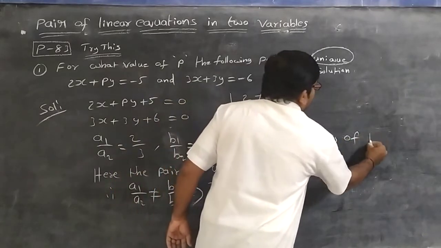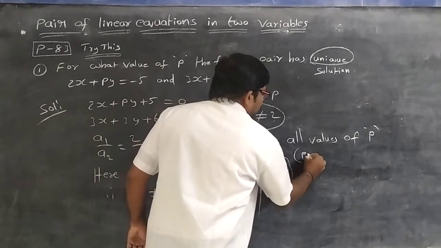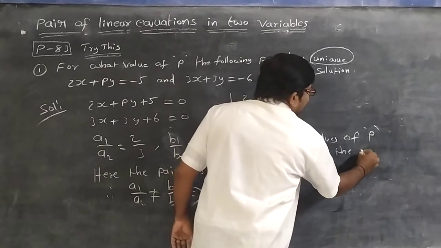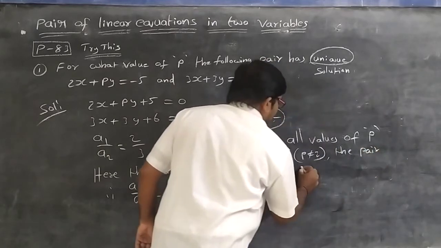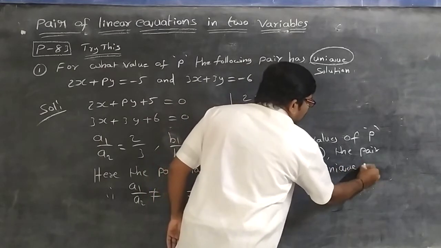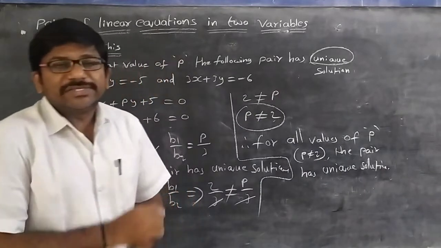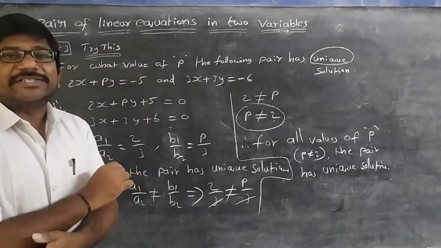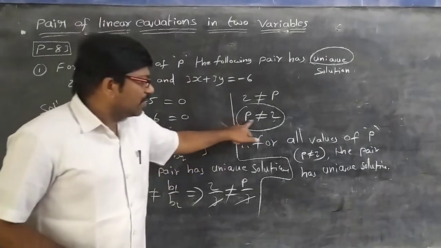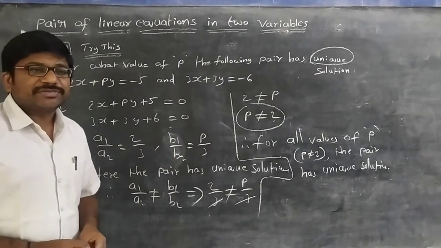For all values of p except 2, the pair has a unique solution. Right? So for what value of p the pair has a unique solution means for all values of p except 2, the pair has a unique solution. Right?